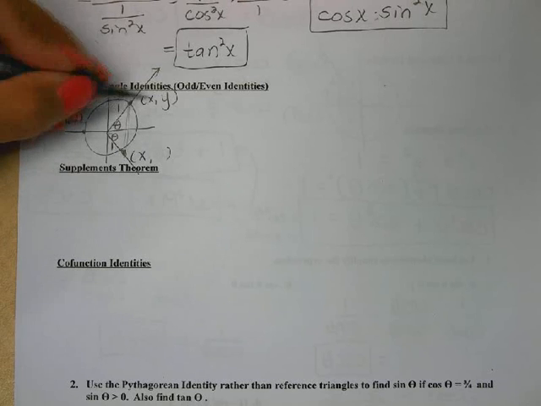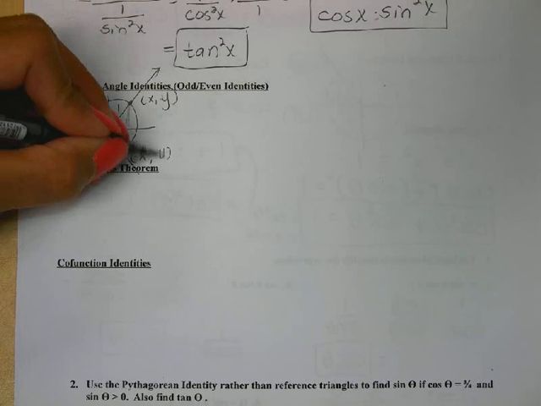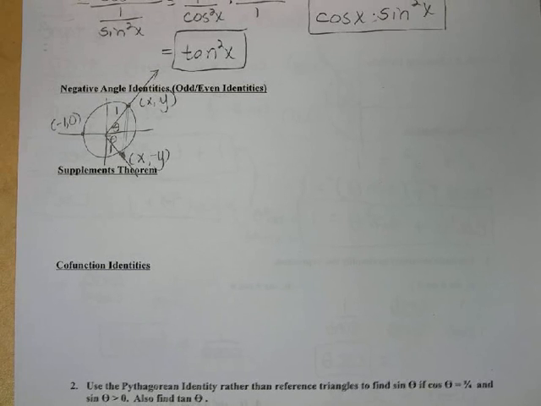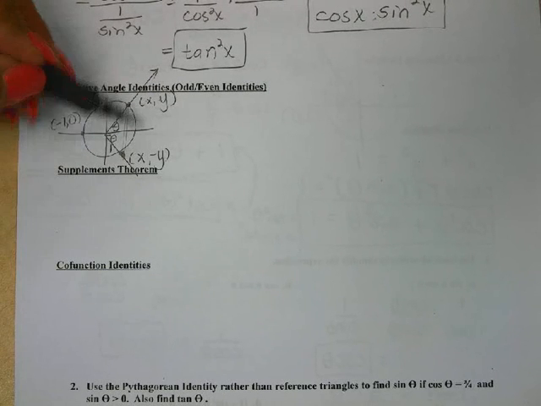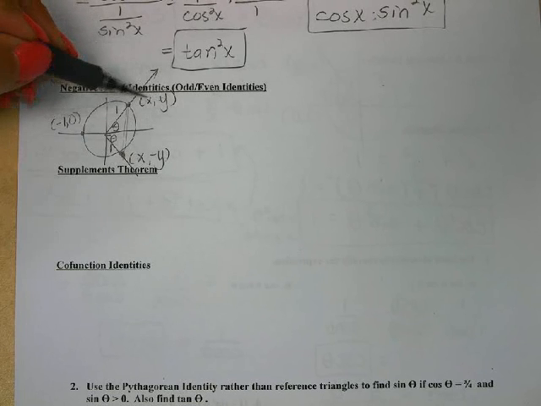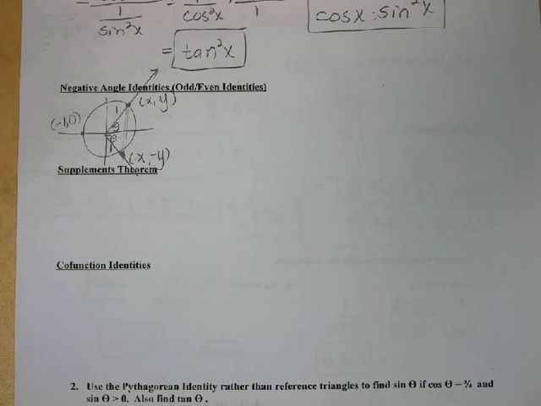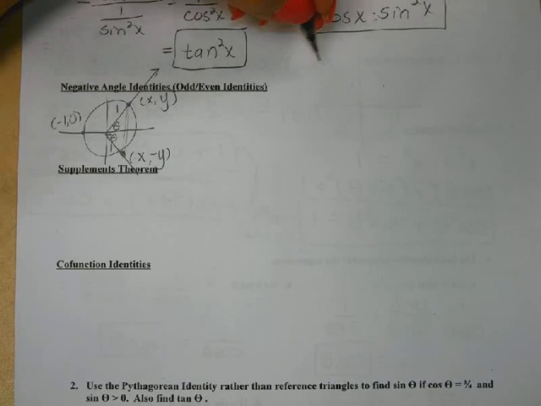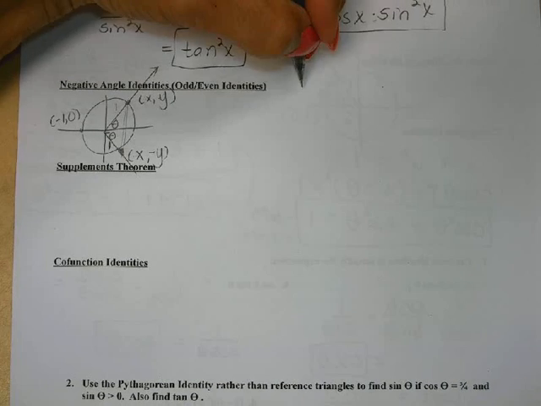However, its y coordinate would be the opposite of the one that is up in that first quadrant. So we know that the x coordinates are the same, the y coordinates are opposite, and the ratio of y over x would end up being opposite values as well, which takes us to our negative angle identities.